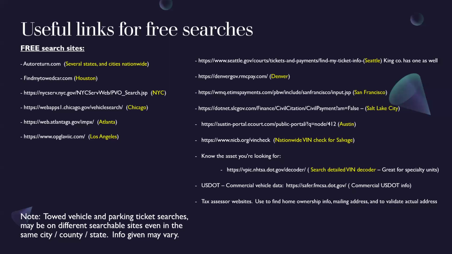So if you're a smaller company, these are all free websites. Again, I do not like spending money to find skips. I don't like affecting our margins. So check in your area what you may have access to, whether it be parking tickets, or where it was towed from, like Auto Return. If you play around in there, you'll see where a vehicle's been repossessed before. It's amazing how many we get.